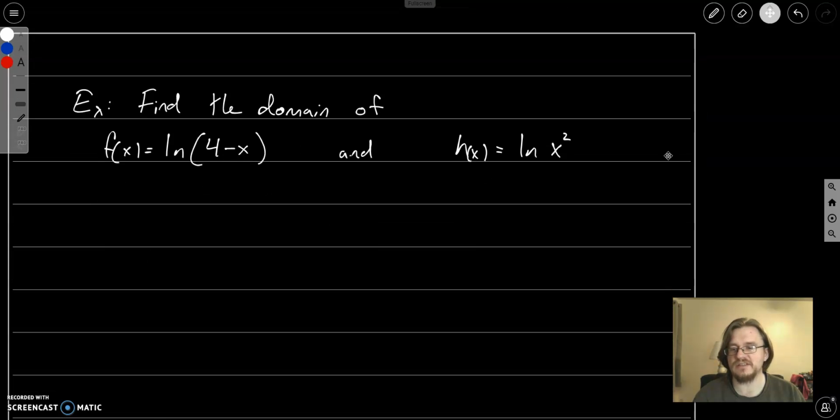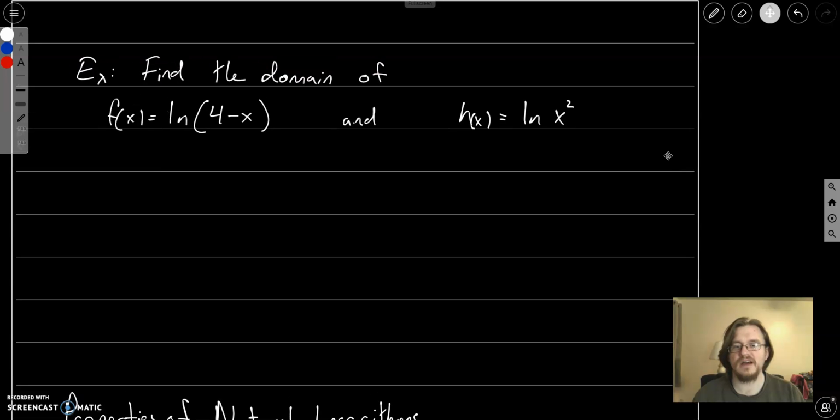So the first question is just to find the domain of these functions here. A logarithm is a logarithm. It doesn't matter what base it is, and we can only plug positive numbers into our logarithm. So for instance, the domain of this function, we can only plug positive numbers into here. So 4 minus x needs to be positive. Let's add x to both sides.